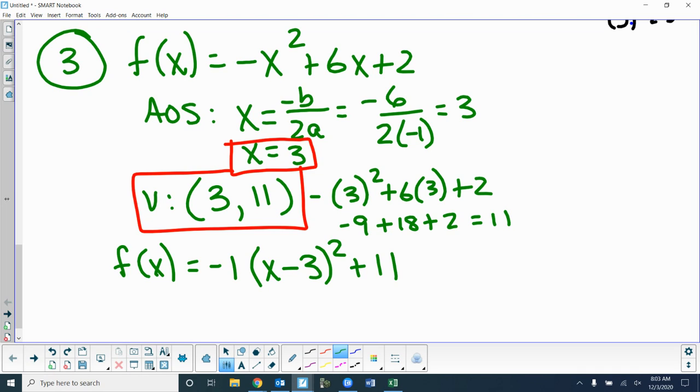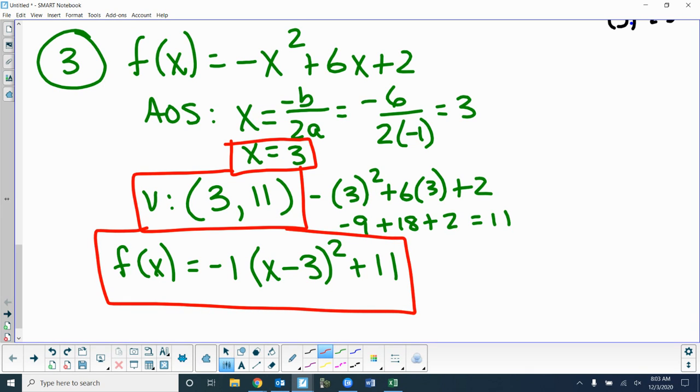Remember, the a goes in front. If that would have been negative 3, we would change that to x plus 3. If this was negative 11, I'd put minus 11. So that's just going the other order: getting the axis first, then figuring out the vertex, and then plugging it into vertex form.